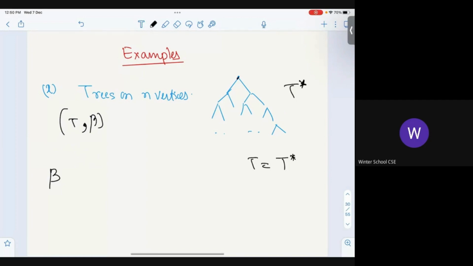Yes. So now if you define whatever you did, suppose T star is rooted at R. And for every vertex, correct, excellent. So what he's saying is, for every vertex V of my tree, if V is not equal to root, I map it to V and parent of V.